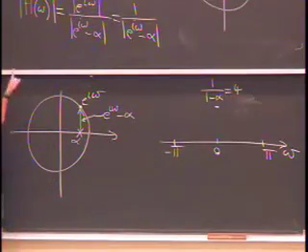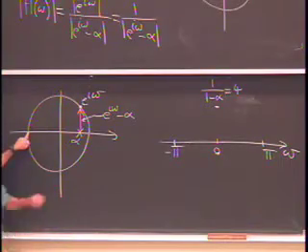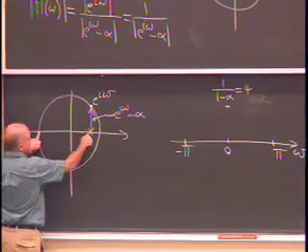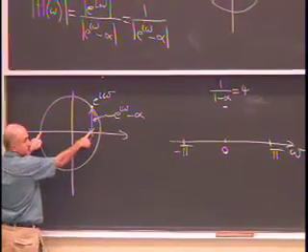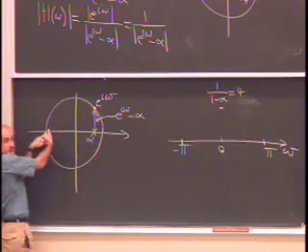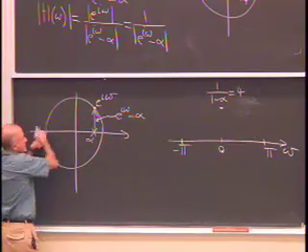When is the magnitude response the smallest? For what value of omega? Pi. When e to the I omega comes here, that's when the length of the red vector is the longest. And that occurs at pi or minus pi. And what is the value when you're there?